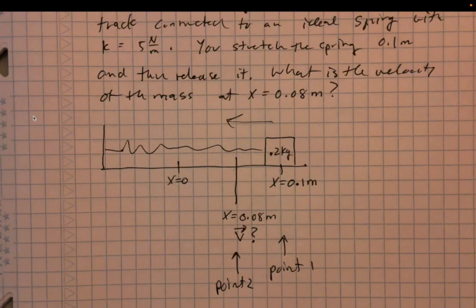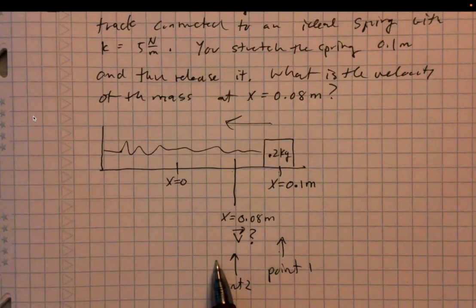This is a conservative system, a frictionless track, so we don't have to worry about air or any resistance, and there are no external forces, just the spring force acting. Conservative system, so the energy here will be the same as the energy there. But what's the kinetic energy here? What's the potential energy here? We can figure out what the velocity is going to be.